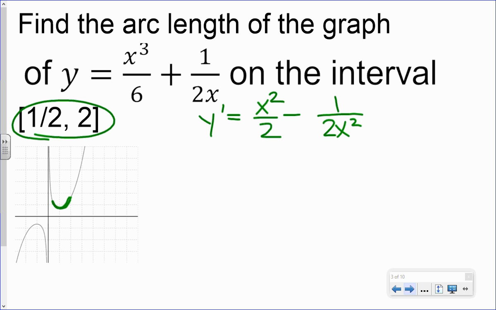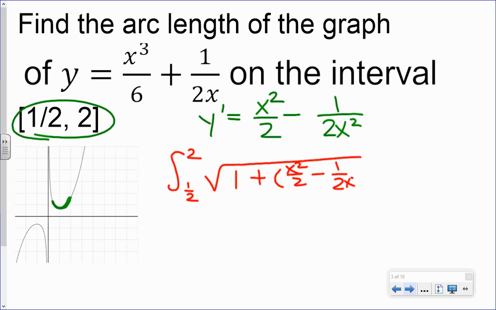So now our arc length is the integral from a to b of the square root of 1 plus our derivative squared dx.